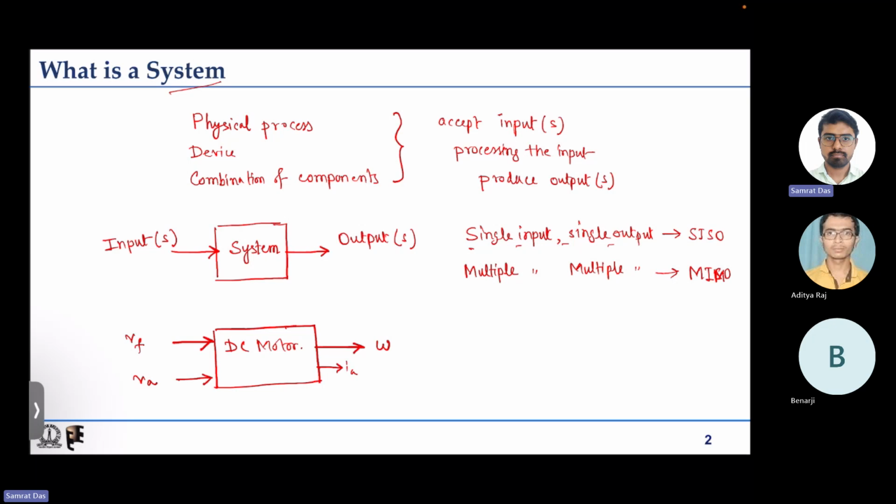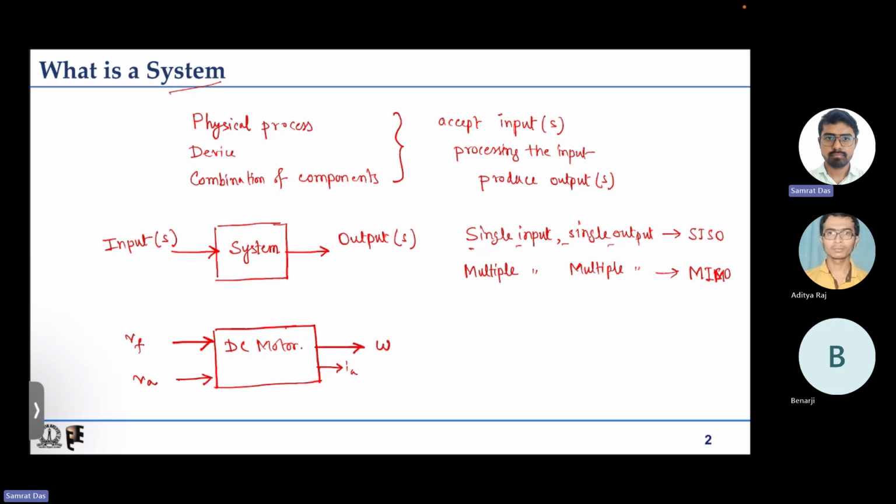Torque should not be told as an output, because torque is not something that we can very easily measure. Outputs are those which we can observe or measure. So torque may not be considered directly as one of the outputs, but current is something that we can observe or measure, so you can consider current also as one of the outputs.